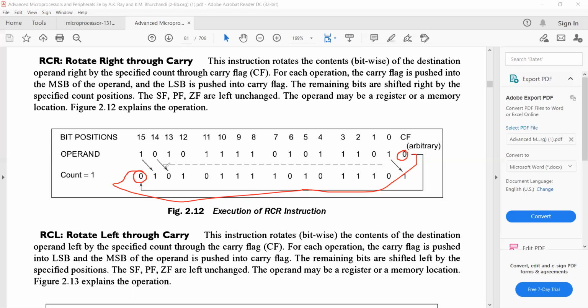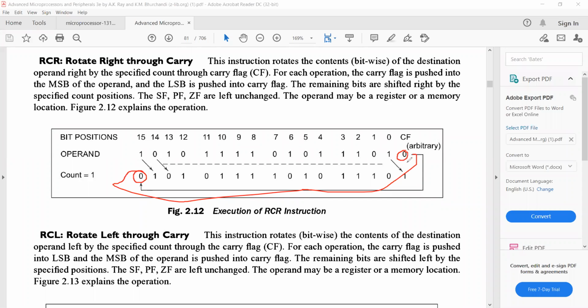That is called rotation with carry. Here we arbitrarily took the carry flag as 0; it may be 1 also. Whatever the value of the carry flag may be, that value will occupy the MSB position.